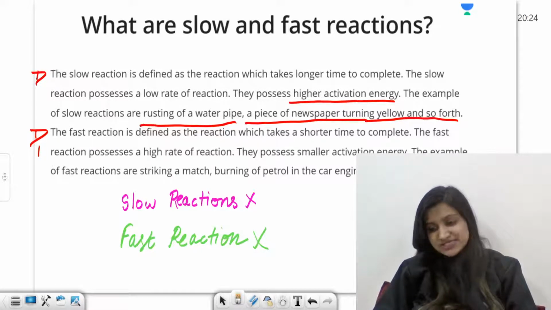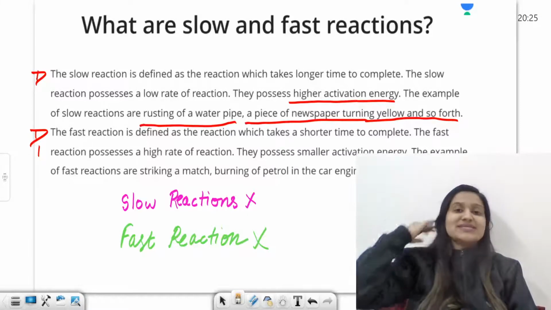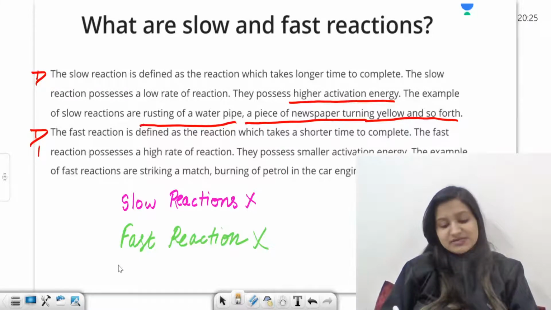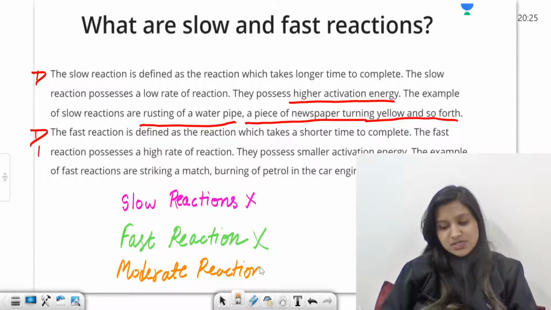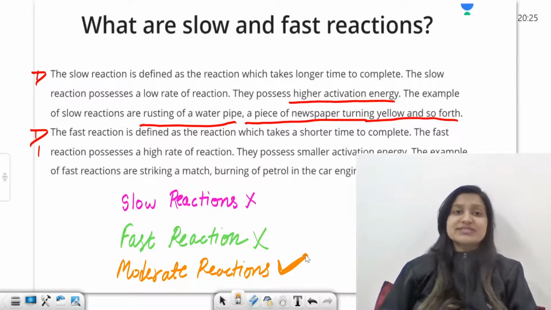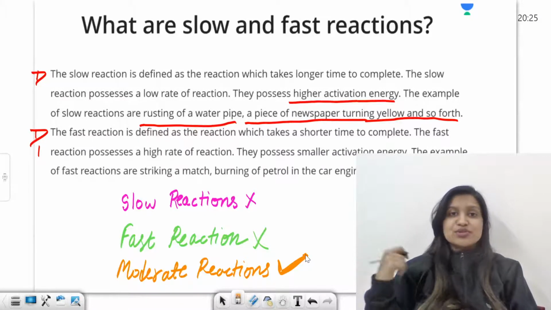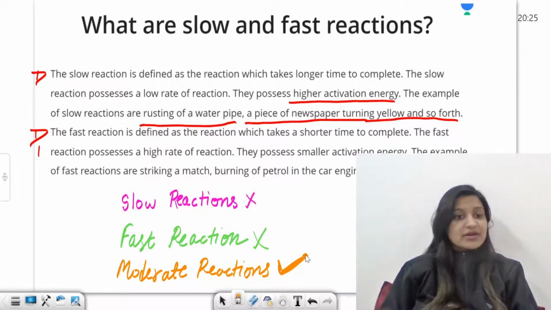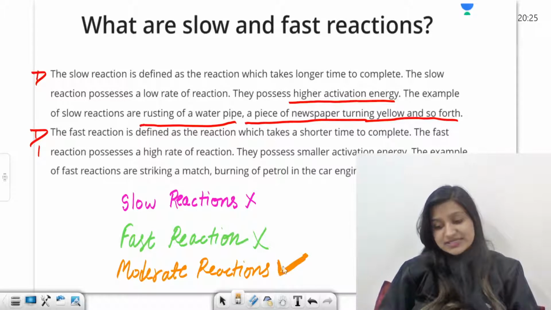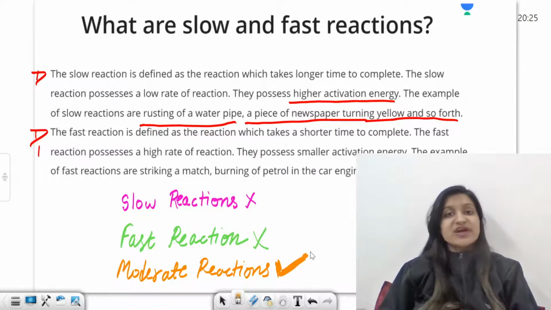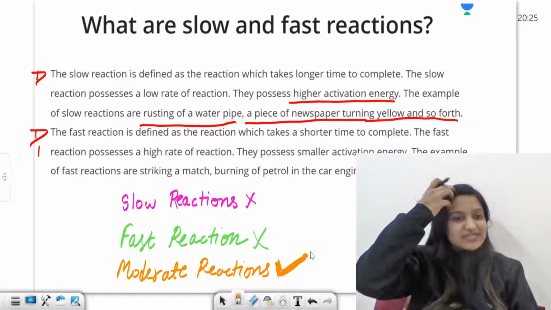So, beta, we are interested in the moderate reactions. Now, what are moderate reactions? The reactions which are neither too fast nor too slow. So we are only interested in these kinds of reactions.